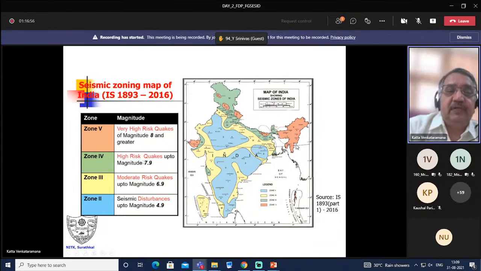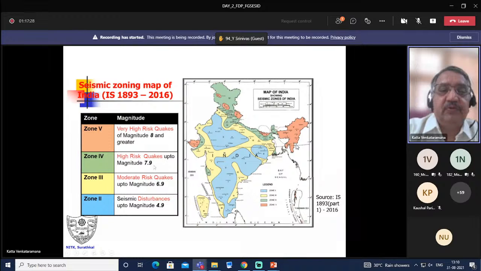And zone 4, shown here in green color, high risk zone, magnitude up to 7.9. And then zone 3, shown in yellow color here, we can expect earthquakes of magnitude up to 6.9. Then zone 2, seismic disturbance up to magnitude 4.9, low risk zone.